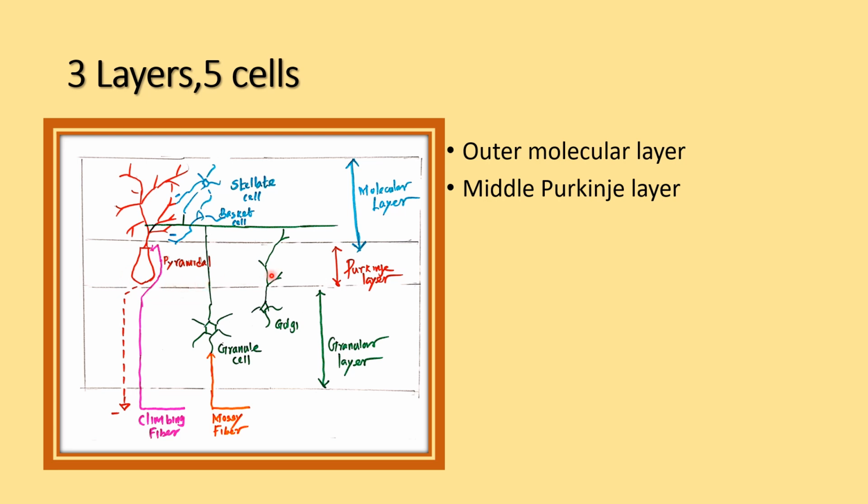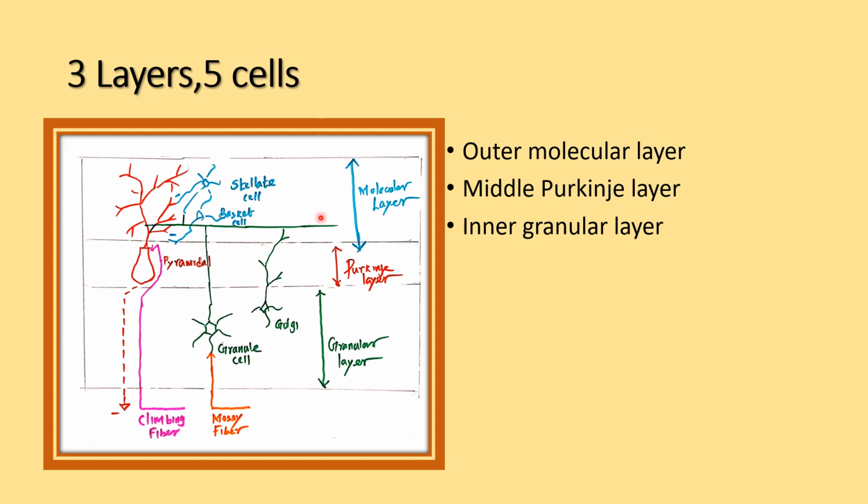It is made up of Purkinje cells, the largest cells, which have many dendrites. The inner layer is called the granular layer. It contains the granule cell and Golgi cell. So three layers are made up of five cells.